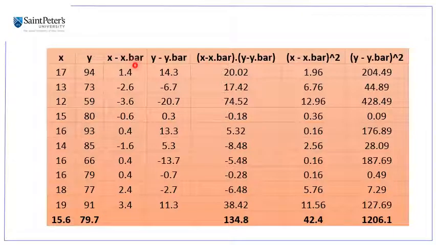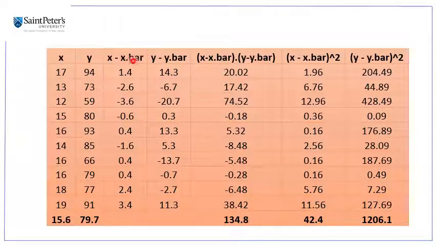X minus x bar, that is 17 minus 15.6, 13 minus 15.6, 12 minus 15.6. Similarly, we got all these values. For y minus y bar, we got 94 minus 79.7, 73 minus 79.7. Similarly, we got all these values. Then we multiplied both of these values, and when we add them, we got 134.8.